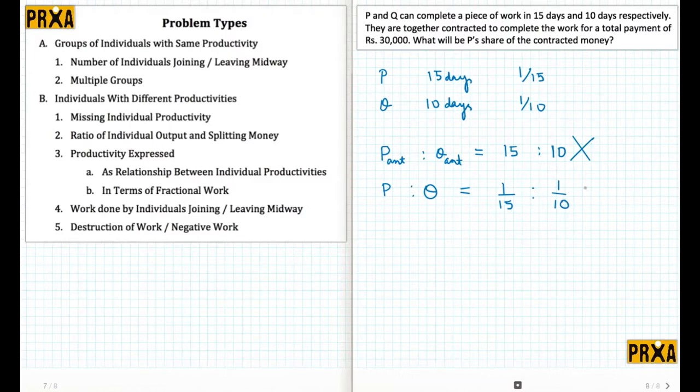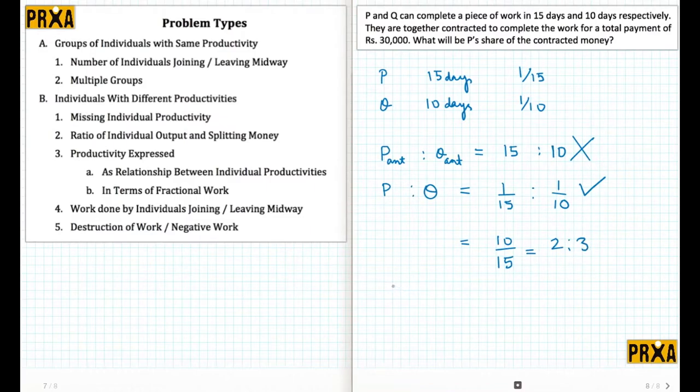So actually, this is the right ratio to use to do all the arithmetic on P and Q. So what is this ratio? This ratio is actually 10 upon 15, or 2:3, and not 3:2 as the earlier ratio would tell you.